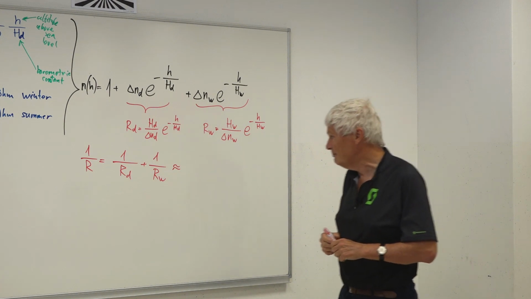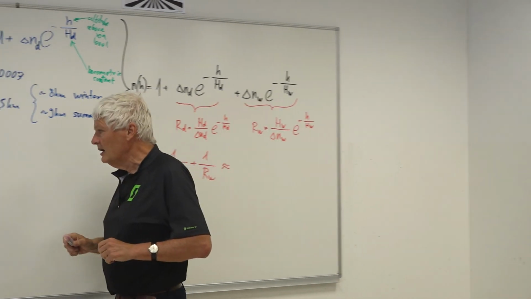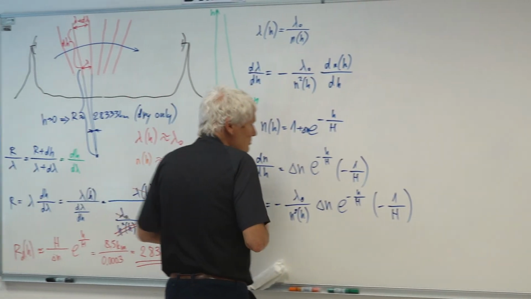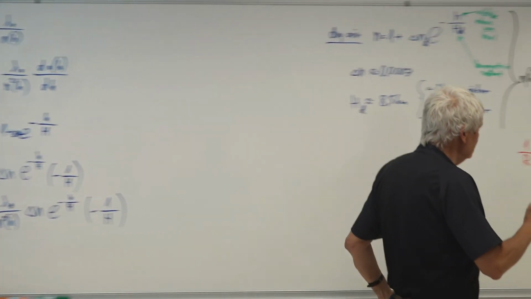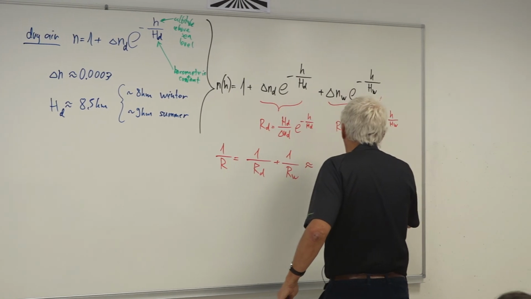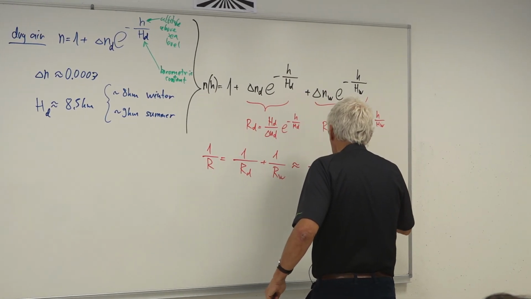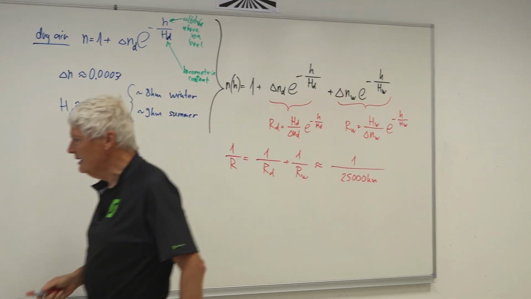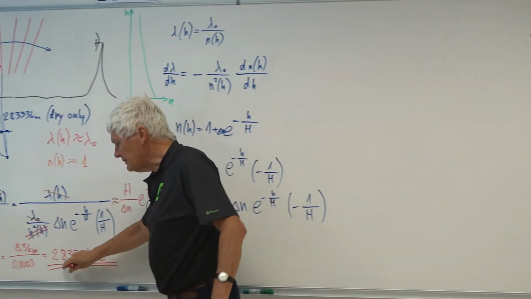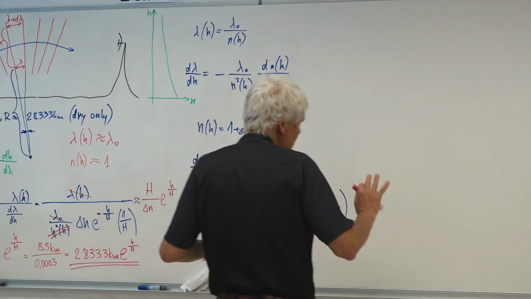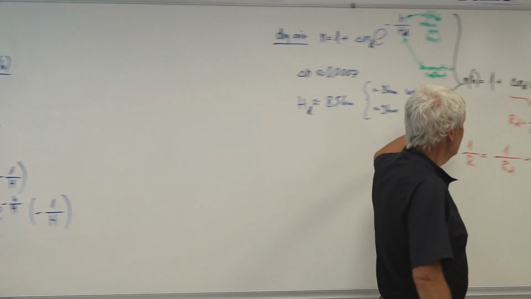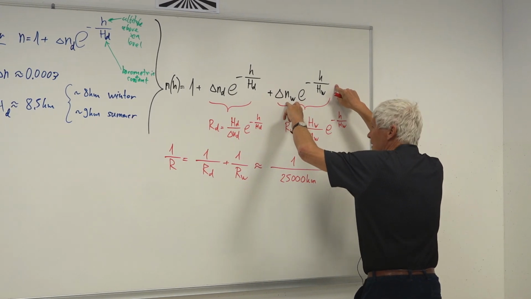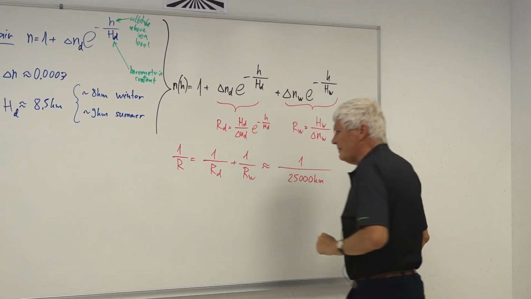So the whole curvature, including both dry and wet part, is approximately 1 over 25,000 kilometers. So this 25,000 is less than the dry part itself, which is 28,000. Around 10% down. Very approximately, because there are many things that change, especially the wet part changes very quickly with temperature.